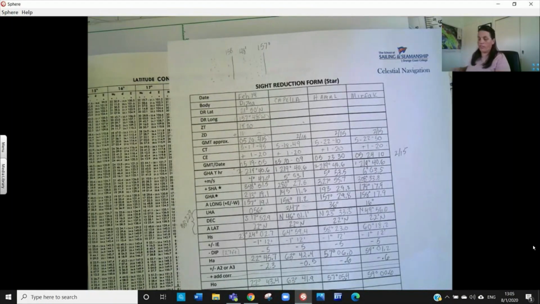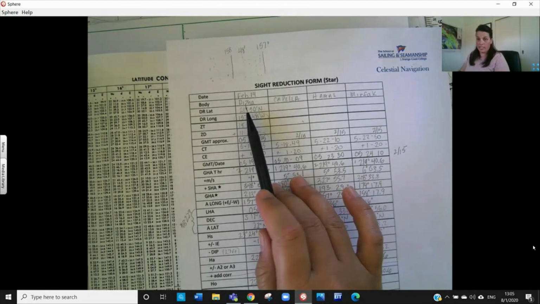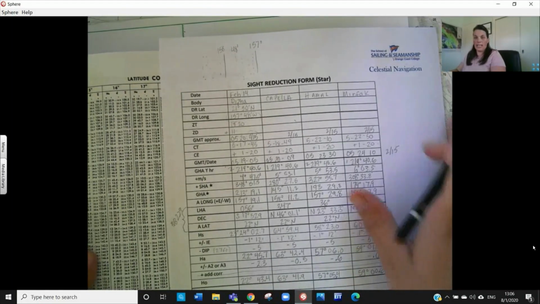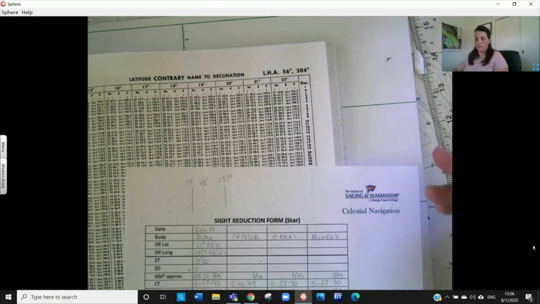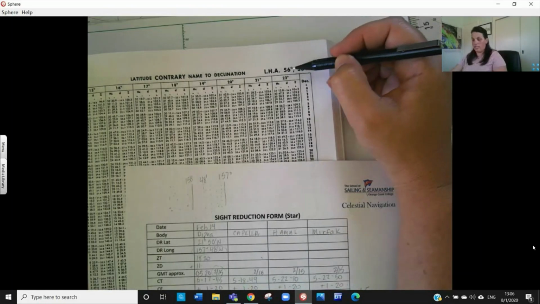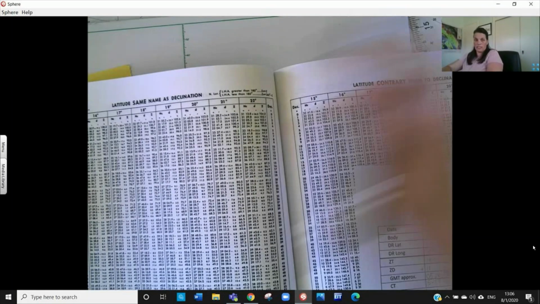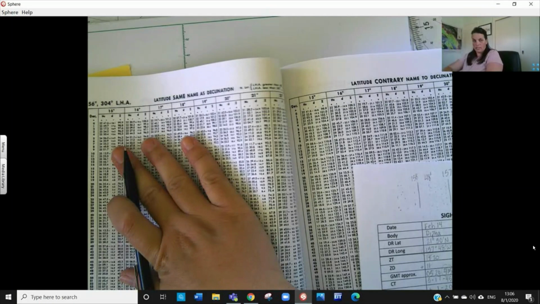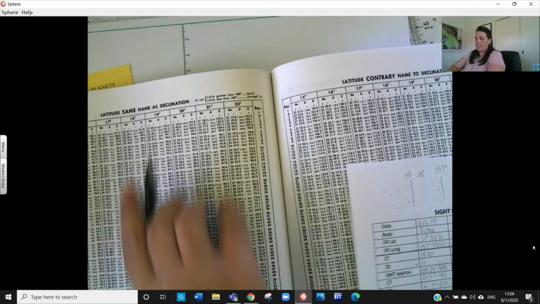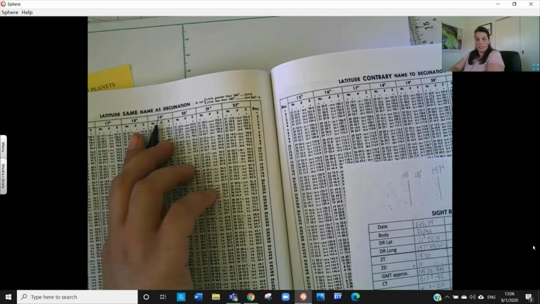Okay, so for my first star, Diphda, I have an LHA of 056, a latitude of 22, and a declination of 17. So I'm going to find the page with an LHA of 056. I have 056 here and a 056 on this side. Now I need to decide, is my latitude the same as my declination or contrary?